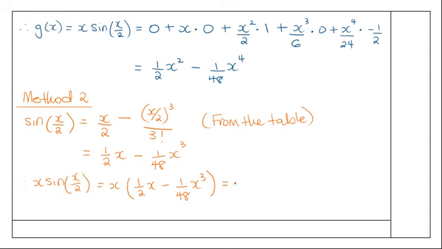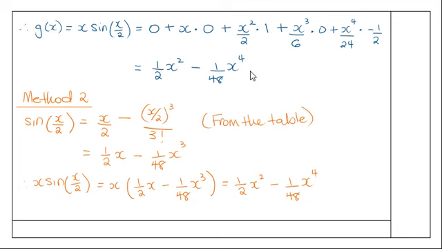And if I expand that, I get half x squared minus 1 over 48 x to the 4. The same thing I got earlier, except that this is much quicker. And the table was provided by CXC, which means you're free to use the table. So we just used the table and we were able to get the same answer like we did using derivatives, which took us much longer to do.